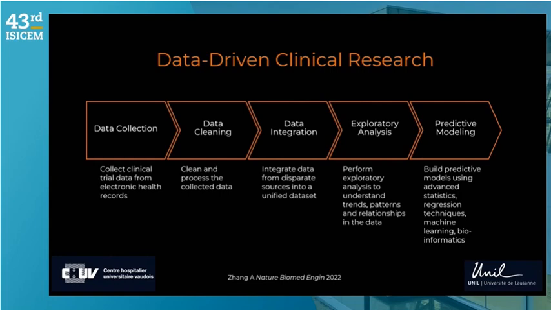with available statistical analysis. So first of all, in terms of exploratory analysis, look at trends, patterns, and relationships between these data, and then try to build up predictive models with the use of advanced statistics, basically regression analysis, several techniques, and we're going to discuss, I think, quite a lot this afternoon about machine learning.